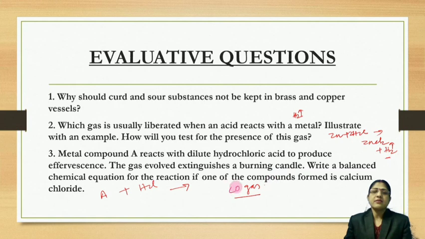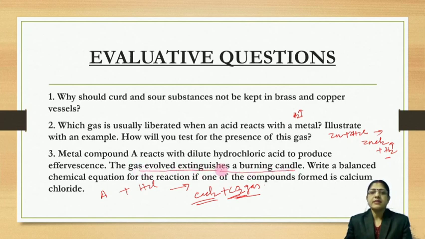So dear students, as we know, carbon dioxide gas extinguishes fire, that is a burning candle. Write a balanced chemical equation for the reaction if one of the compounds formed is calcium chloride. So here the salt is given, calcium chloride, CaCl2, plus CO2. These are the products given. And from the sentence, the gas extinguishes a burning candle.